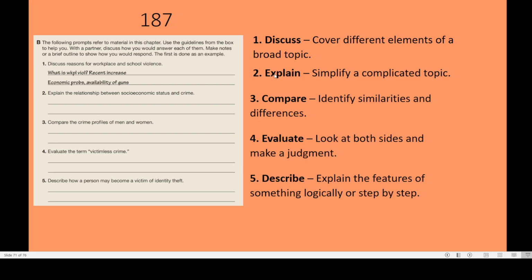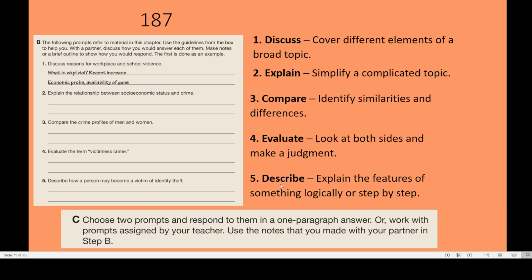Number 2 is explain. Number 3 is compare. Number 4 is evaluate. Number 5 is describe. So if you look at C, choose 2 prompts.